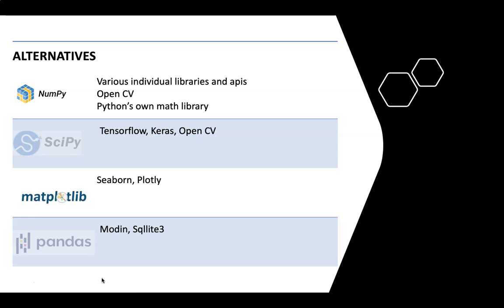Also, the same with SciPy, there are other programs coming on board like TensorFlow and Keras, which would do more machine learning and linear regression and different modeling. They would probably be more advanced than SciPy in those particular aspects, and OpenCV, which deals with a lot of image recognition, will perhaps be more powerful than SciPy's image recognition library. But both NumPy and SciPy, because they've been around long and they've got a large community of programmers and developers behind them, they're kind of like your go-to tools.